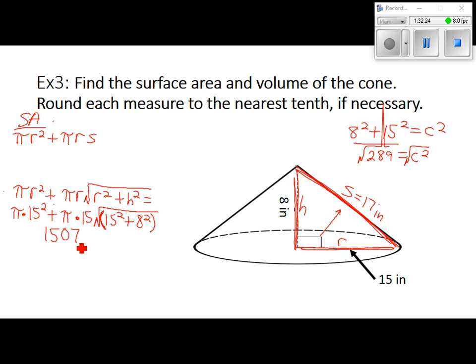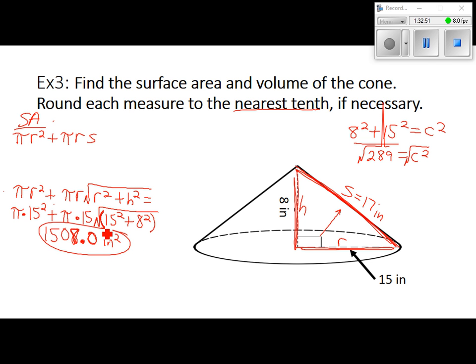Then I look back up here and it says round it to the nearest tenth, so I want to go out 1 decimal place, which is actually going to make this an 8 and make that a 0, because it's a 6, and when I round the 9 up, it's going to make this an 8 and make this a 0. And since we're dealing with surface area, it's inches squared.